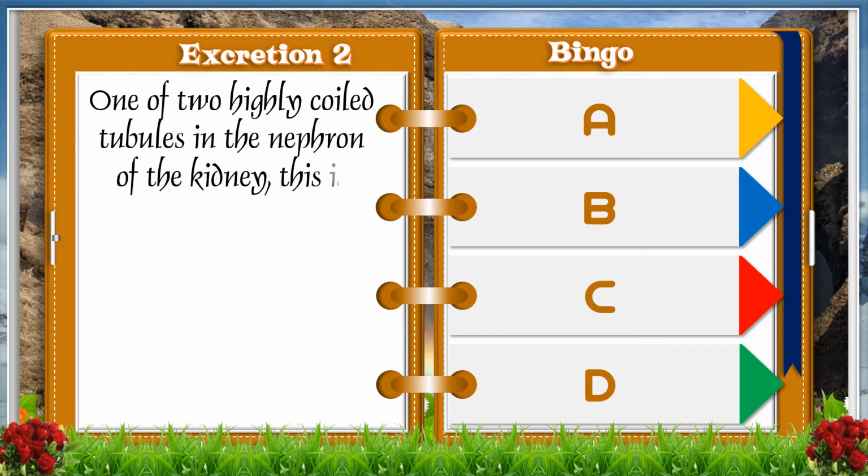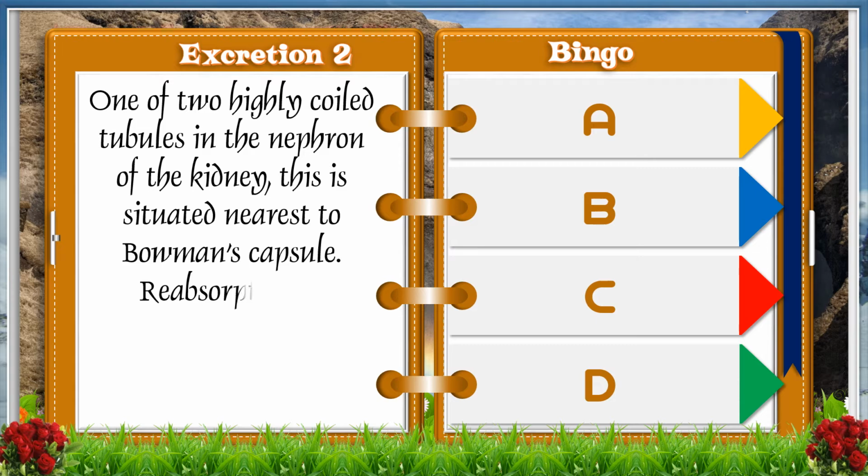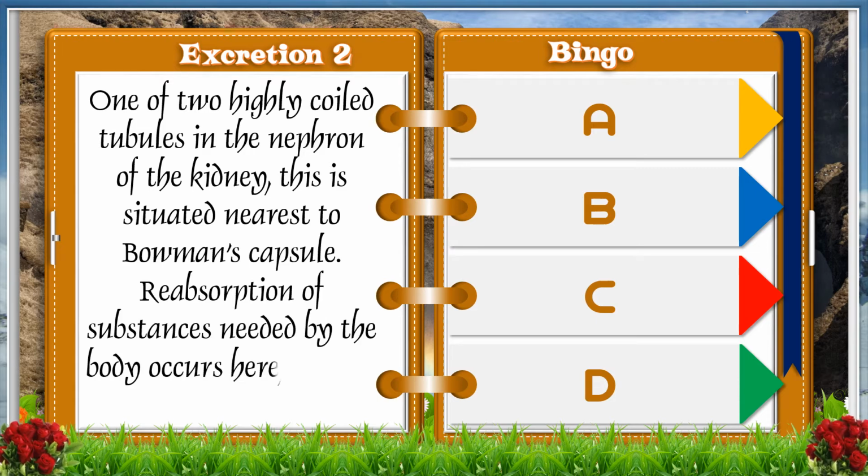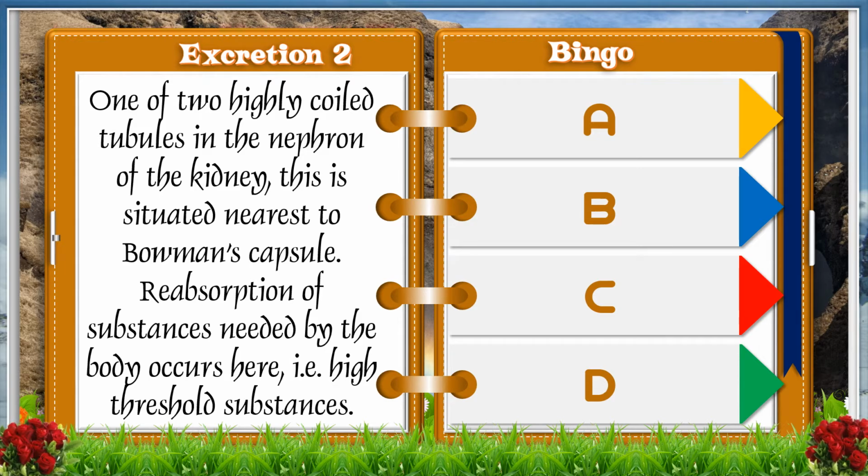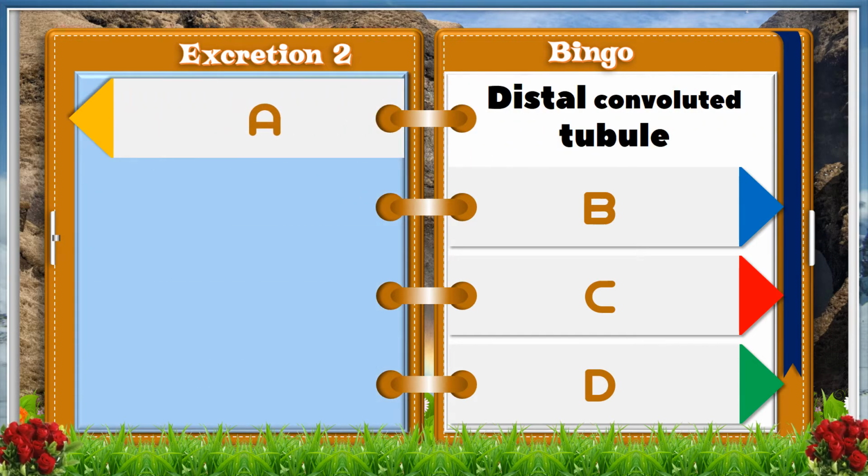One of two highly coiled tubules in the nephron of the kidney. This is situated nearest to the Bowman's capsule. Reabsorption of substances needed by the body occurs here, i.e., high threshold substances. A. Distal convoluted tubule.